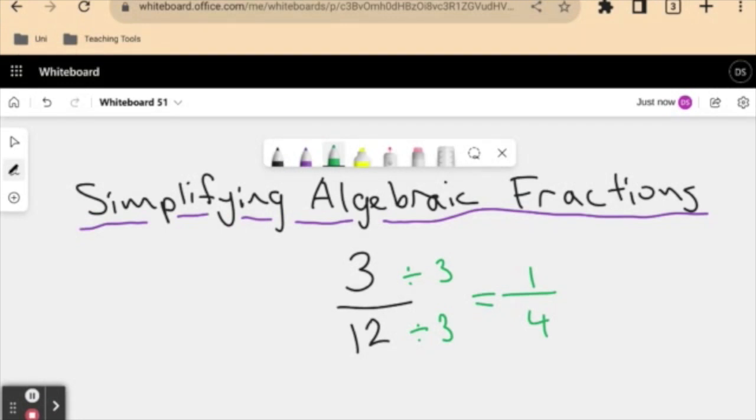So that is, in essence, what we do when we simplify fractions. I won't go too far into it. If you need some more context, feel free to check out my previous video. But now we're going to move on to see how this is affected by algebraic terms. The important thing to note here is that an algebraic term, some unknown of x, y, z, a, b, c, whatever, just represents some unknown number.